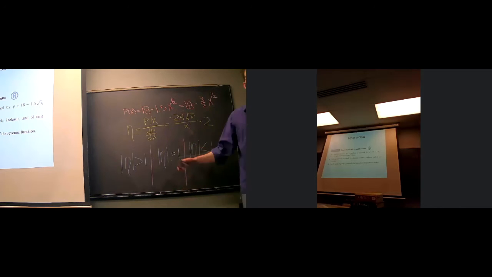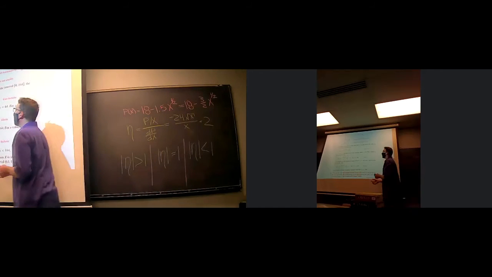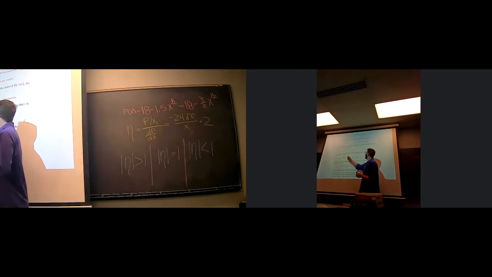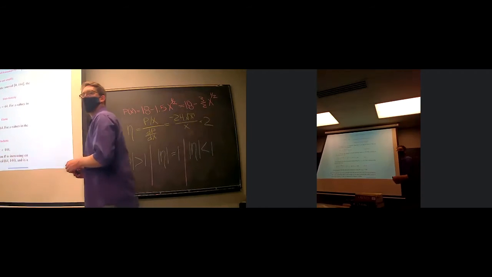These are the three cases we're looking for now, right? So we're going to take the absolute value of that function we found, set it equal to 1, and then use that to break up when it's less than or equal to or greater than 1. Does that make sense what I mean?